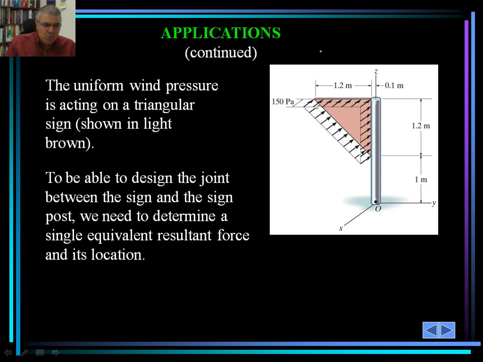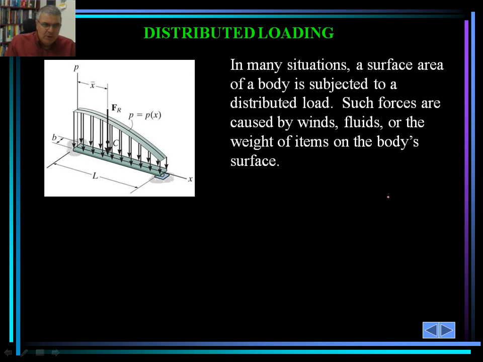So in order to be able to design the joint between the sign and the pole, or even to be able to determine what should be the joint at point O, we need to calculate the resultant forces.